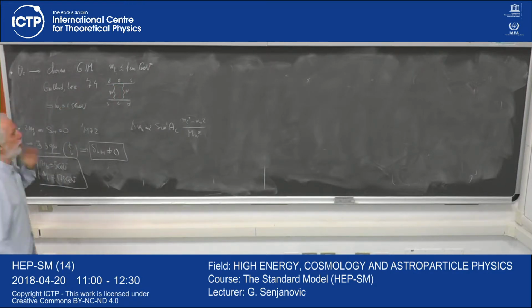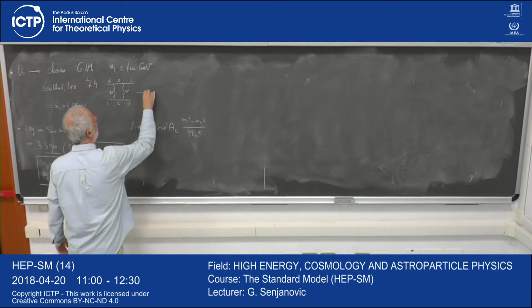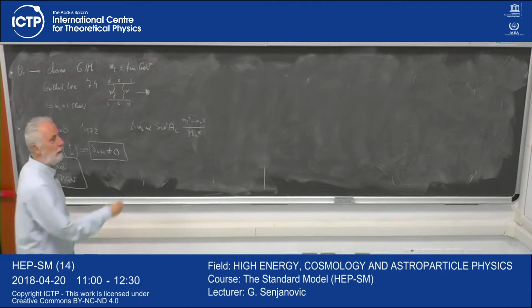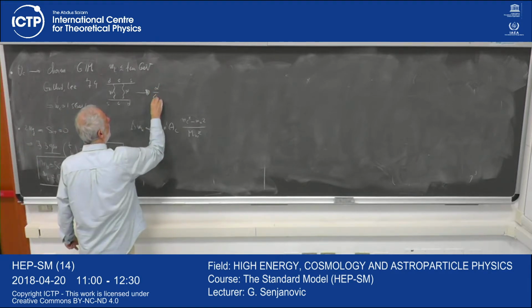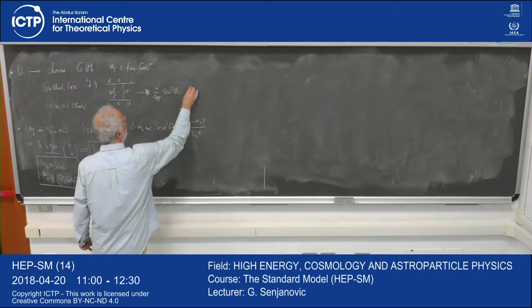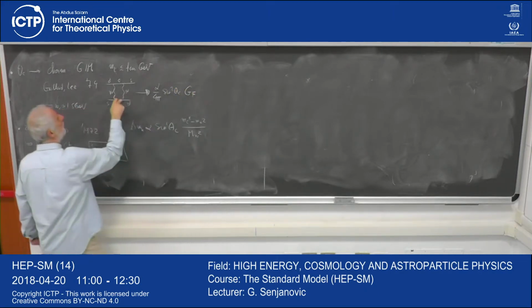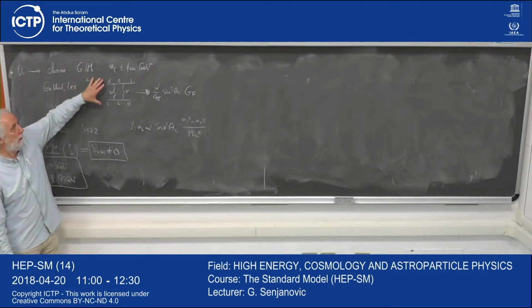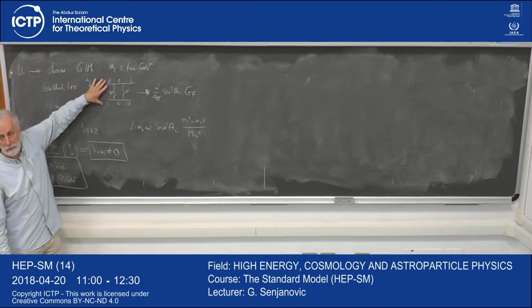So for example, you could have told me, look, we are lazy, we don't want to do this loop. If you don't want a precise coefficient, this is going to be alpha over 4 pi. There'll be sine squared theta Cabibbo. There'll be G Fermi. How do I know there will be G Fermi? This is a dimension, tell me the dimension.